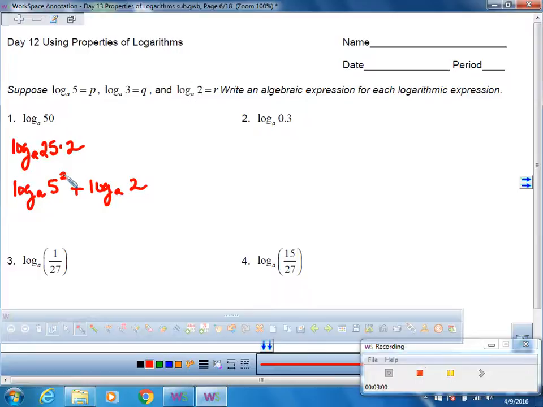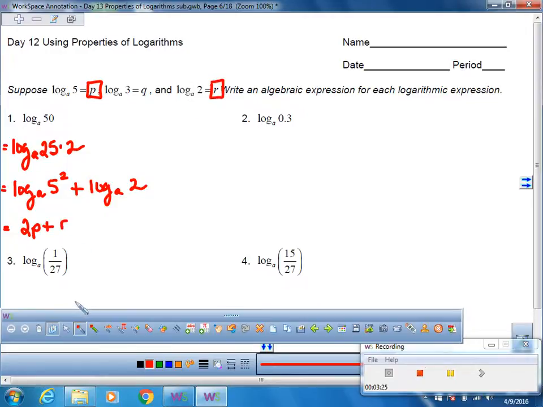That 2 comes out in front, and we just call it 2 log A 5, and log A 5 is actually P. So 2 P's plus log A of 2, that's an R, so 2P plus R. That was number 1. Number 2 is 3/10, so I'm going to write it like 3/10.